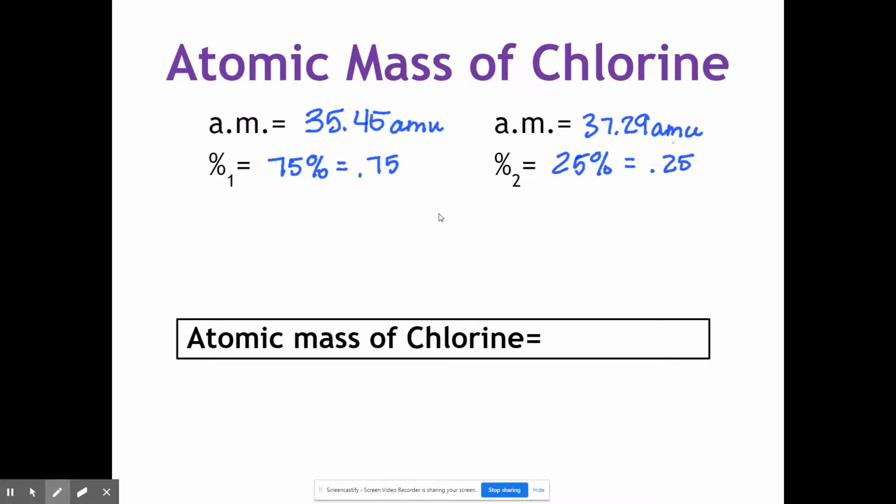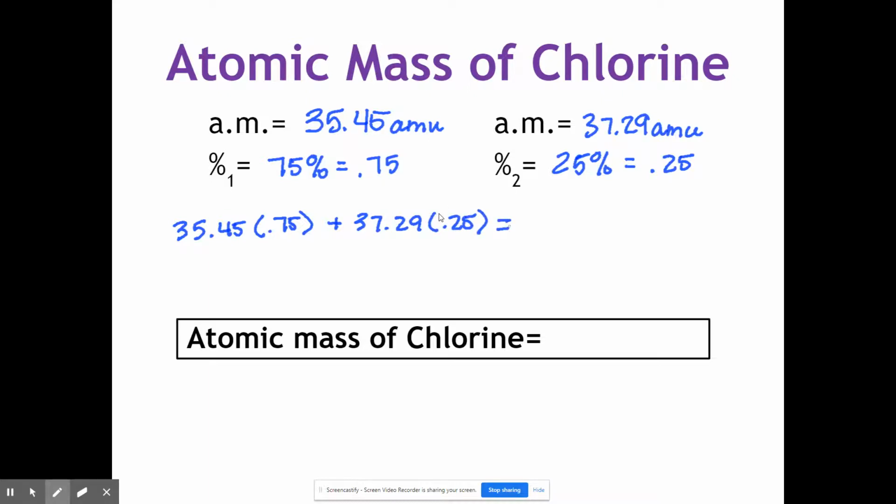So now to set up our equation, we take the first atomic mass times the first percentage, add the second atomic mass times our second percentage.